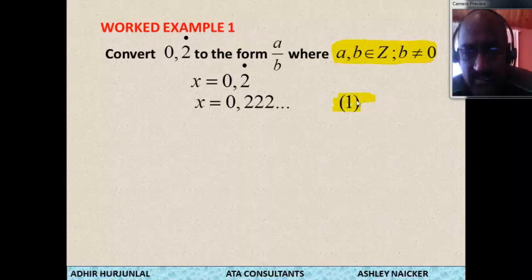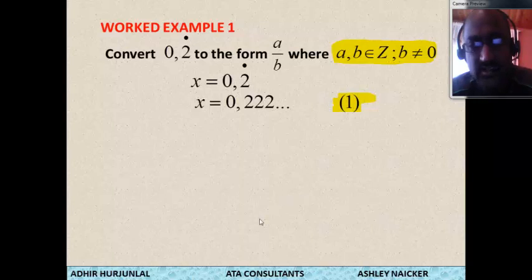Now guys, I'm going to use a simple concept. I'm going to take the equation and keep multiplying it by 10. Once you get two equations, by subtracting one equation from the next, ensure that you have an integer as the coefficient of x, and your right hand side is also an integer.